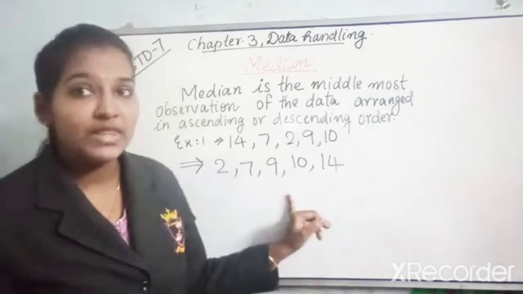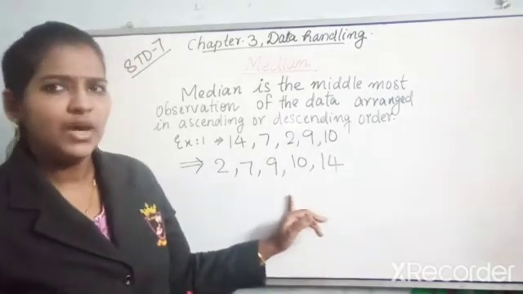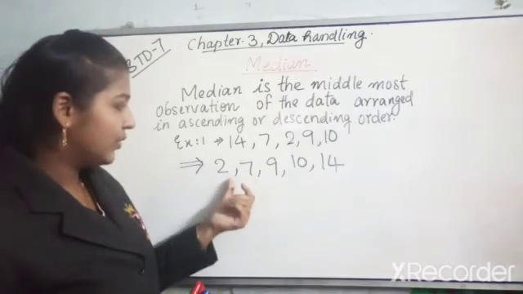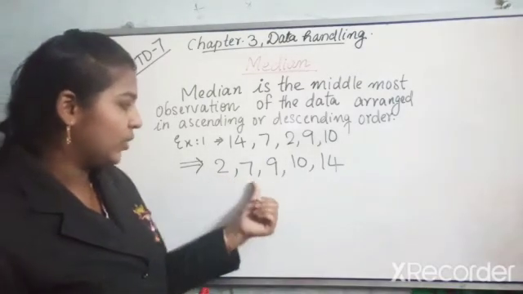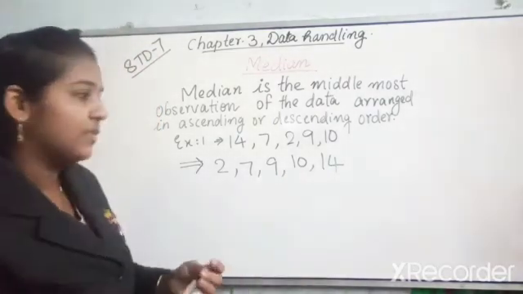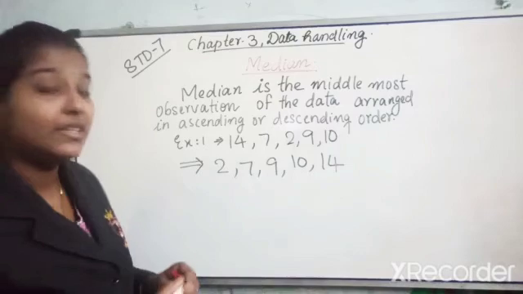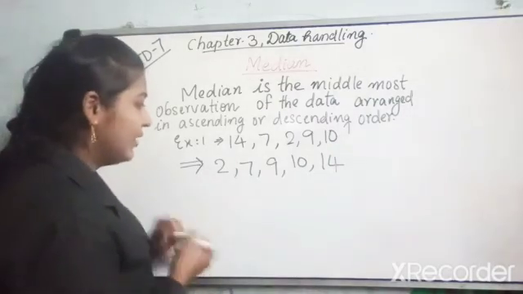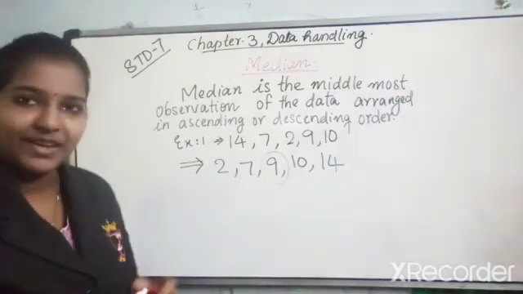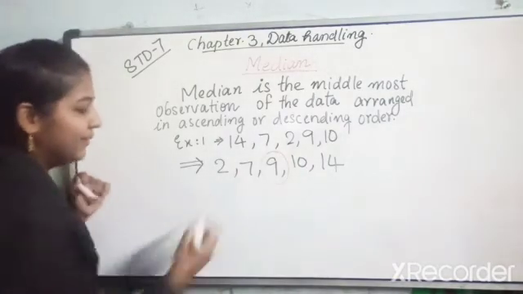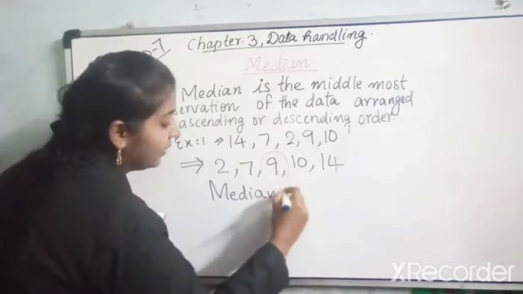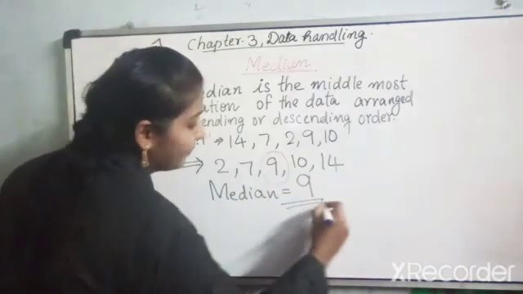Now you check the middle number. Which is the middle number here? Look, total numbers 1, 2, 3, 4, 5. 5 numbers are here. So which one will be the middle number? Third one, isn't it? So here the middle number is 9. Right? So we can write our median is equal to 9.